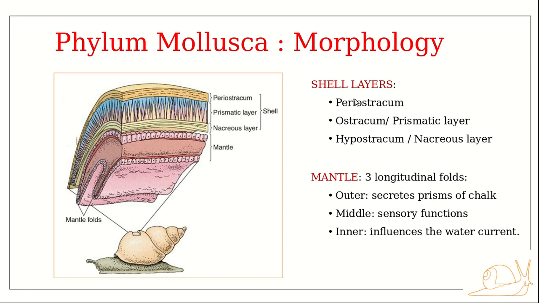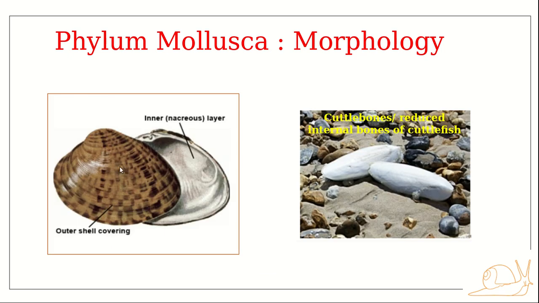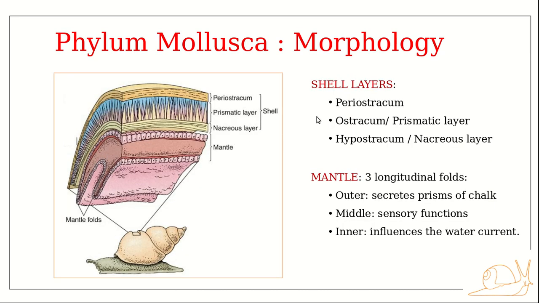The outermost layer is the periostracum. Then the middle layer is the ostracum, or the prismatic layer, and the innermost layer is the nacreous layer. The internal very smooth part is the nacreous layer, while the outermost part is the periostracum layer.